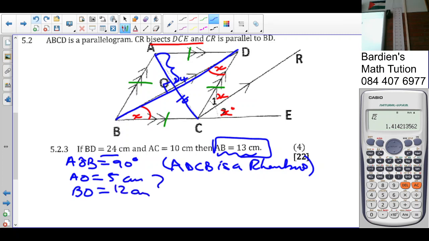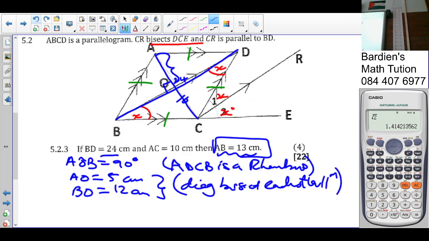Why? The reason is diagonals bisect each other. In this case you could say it's a parallelogram or a rhombus, since the first shape was given as a parallelogram. You could have said either diagonals of a rhombus or diagonals of a parallelogram.